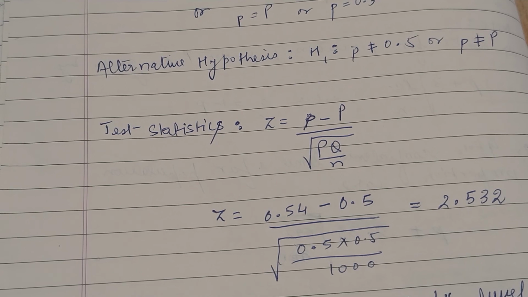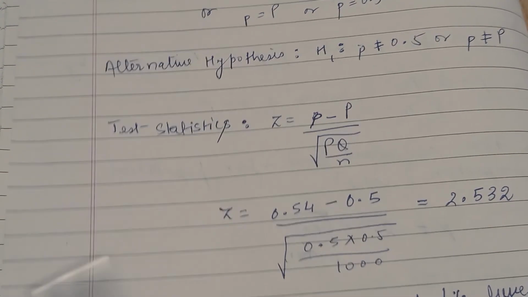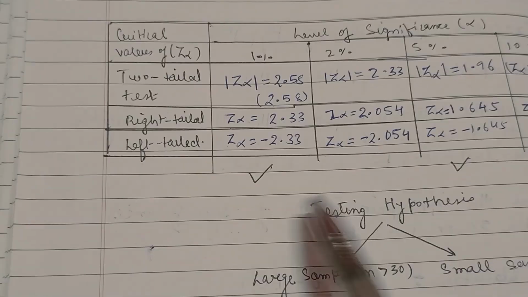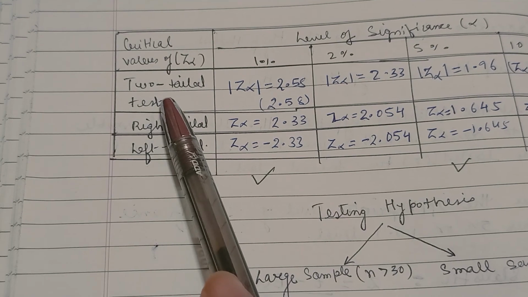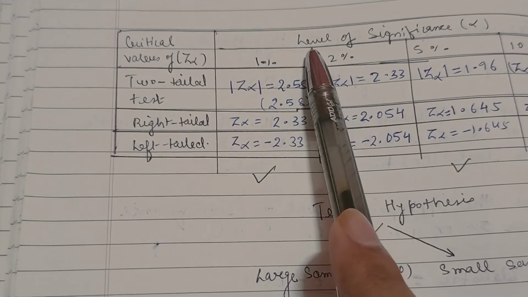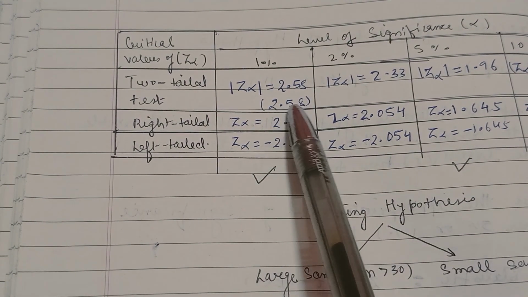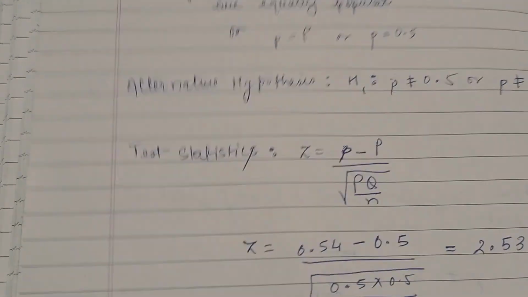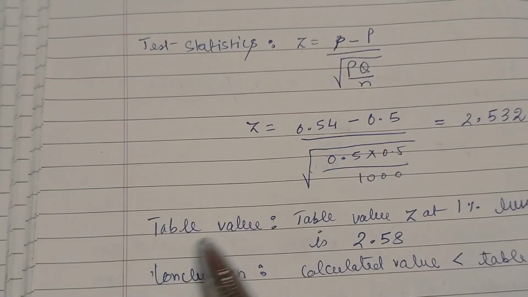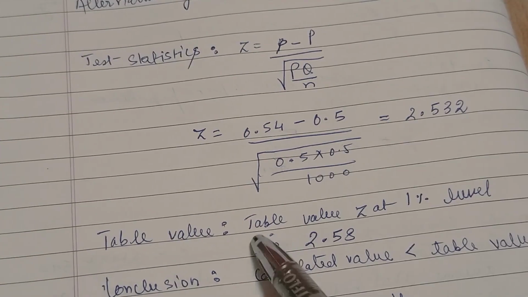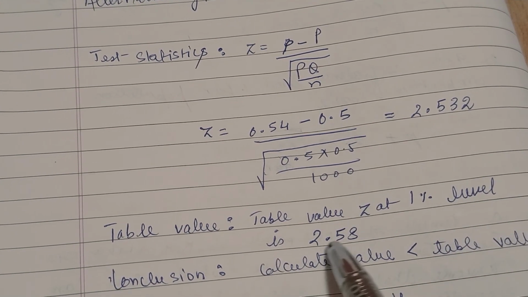The level of significance was 1%, and two-tailed. What is two-tailed? Two-tailed is small p not equal to capital P. For 1% two-tailed, the value is 2.58, and our calculated value is 2.532. So the table value, or Z alpha at the 1% level, is 2.58.